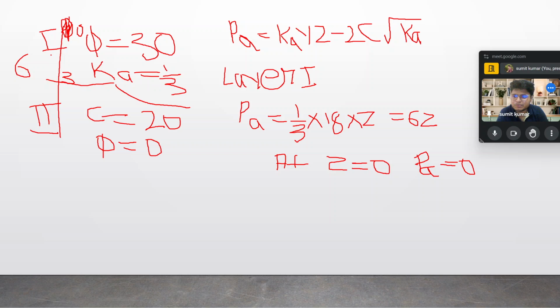If you distribute in terms of Z, this is the topmost distance. We are going from the top cross section to the center of the cross section. That is our 3 meter, because the soil is distributed into two layers. This is stratified soil, the top layer is sandy soil, and the bottom layer is cohesive soil. So the top layer is of 3 meter distance.